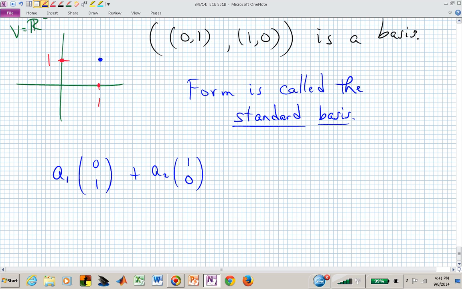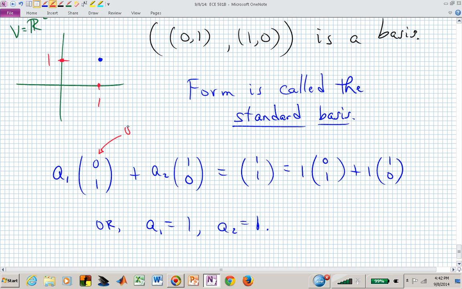So this is now 1, 1 with 1 times 0, 1 plus 1 times 1, 0, or A1 is 1, A2 is 1, and it's kind of hard to tell which is which, but A1 is associated with V1, and this is V sub 2.